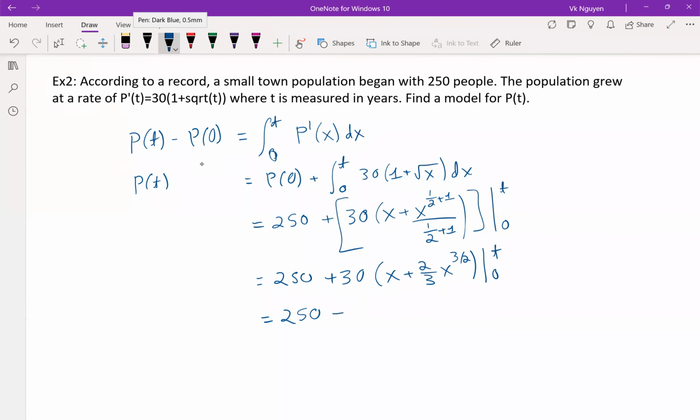So 250 plus 30, sub in t for x, so t plus 2 over 3 t to the 3 over 2. And when we sub in 0, we just get 0. So we have 250 plus 30 t plus 20 t to the 3 over 2.